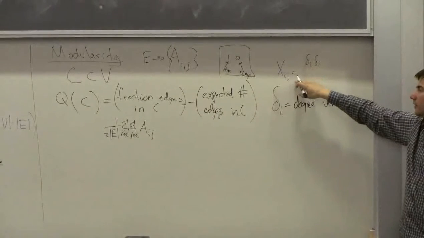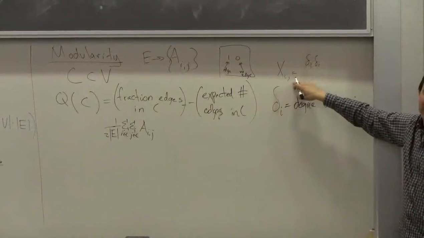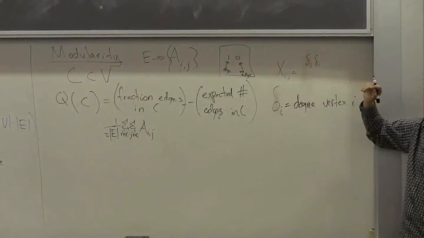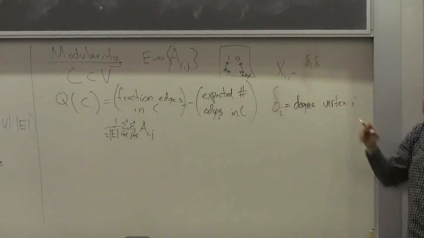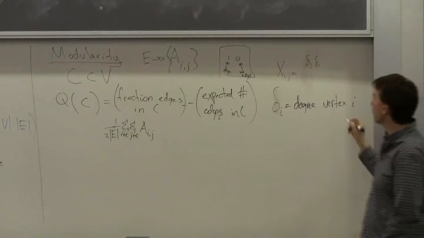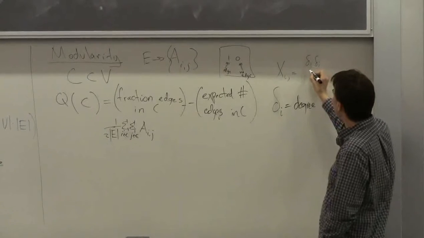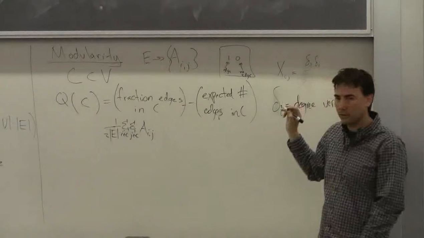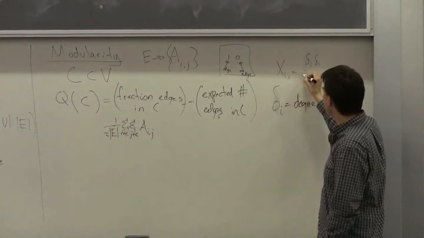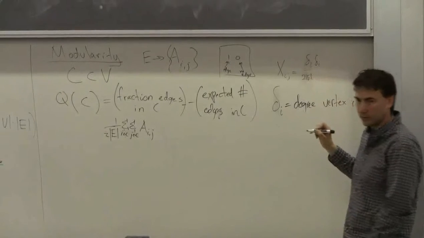This should be the expected value of this edge, which should be between 0 and 1, essentially the probability that there's an edge between i and j. So what I want to do is divide through each of these by 2 times the number of edges.